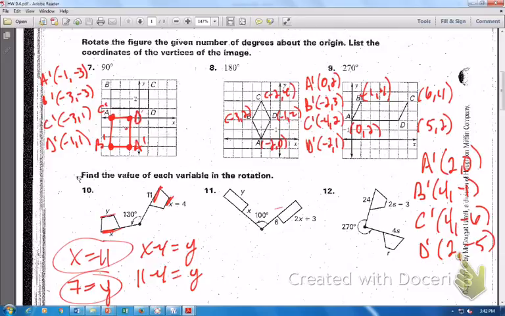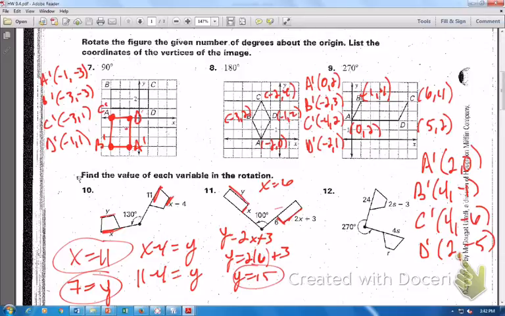Same principle for number 11. This guy matches up with that guy, so x is going to be 6. This side matches up with that side, so y is going to be equal to 2 times x plus 3, where x is 6. So 12, 15, so y is going to be 15.